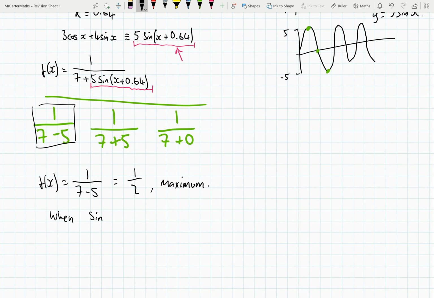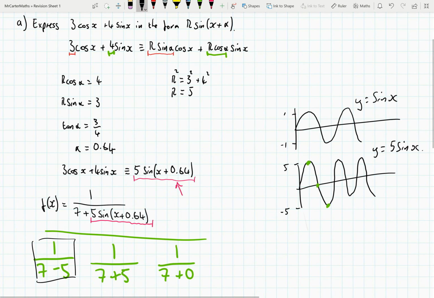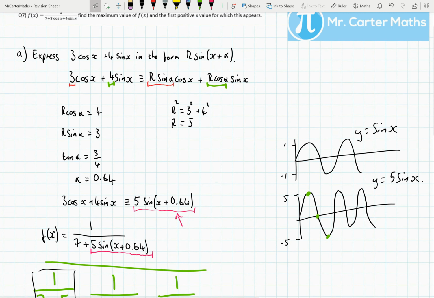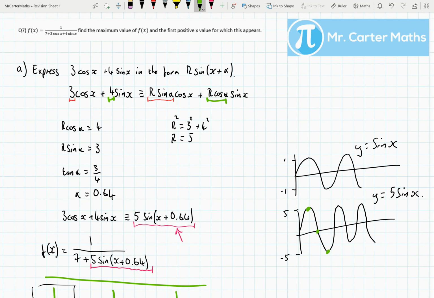sine of x plus 0.64 is actually coming out as minus 1. Well, we can think about a sine curve. I'm already thinking about the fact that I want the first positive solution, as stated in the question.